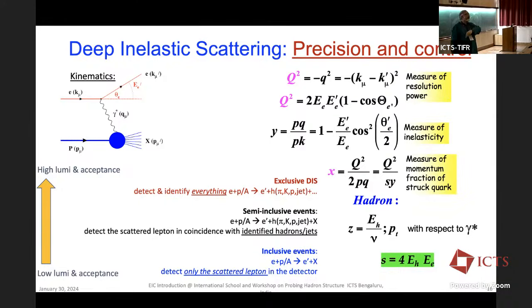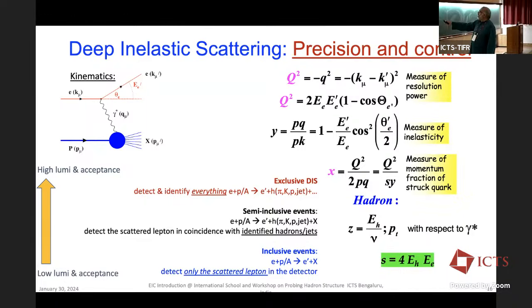And one of the things that we will discuss in this school as we go forward, and in the talks later, is semi-inclusive deep inelastic scattering, which means that you identify the quark which was hit. And then at one point you become so ambitious, and now we are at that point for the future electron-ion collider.